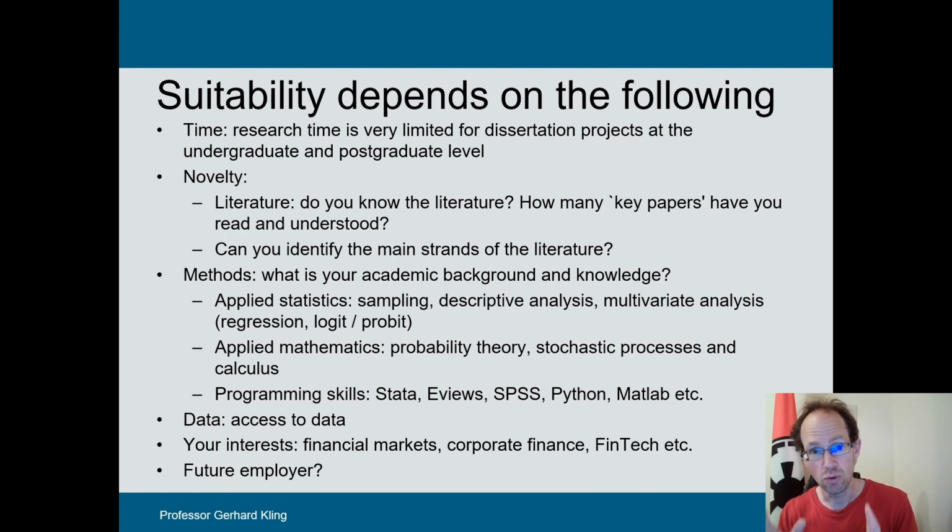Hence, you have to think very carefully about selecting a topic that you can manage in a very, very tight time frame. The first thing you have to think about is novelty. I would not care too much about novelty. You don't really write a research paper. You don't have to explore something totally novel and exciting.